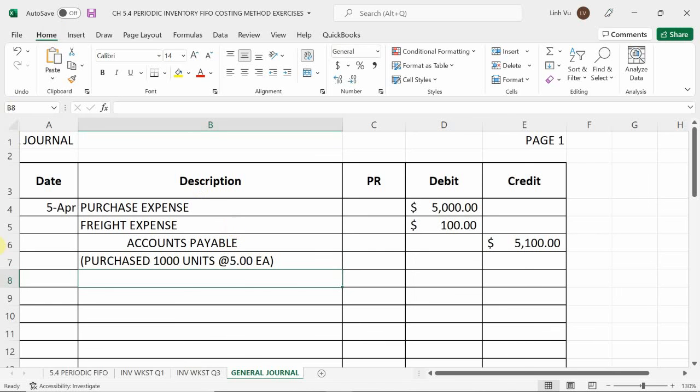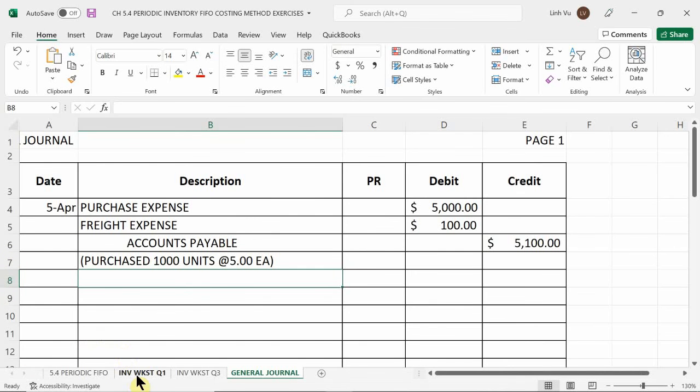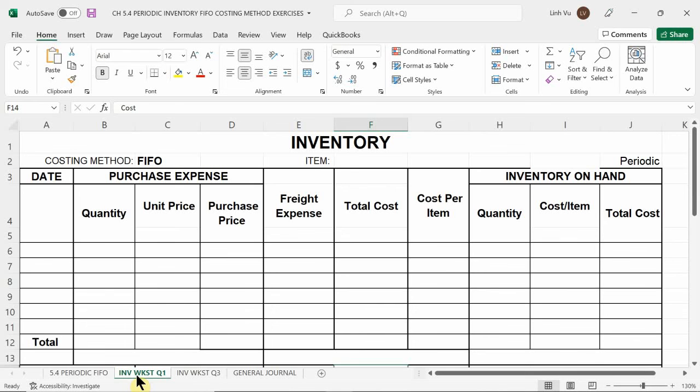I'm now going to pop it into my inventory worksheet. Keep this idea in your head, because it's a pre-notion for when we start moving into our class project: how are we going to recognize a journal transaction and do it in a specific order? A transaction has happened, so I'm going to record it in my journal first, and then pop it into my inventory worksheet.